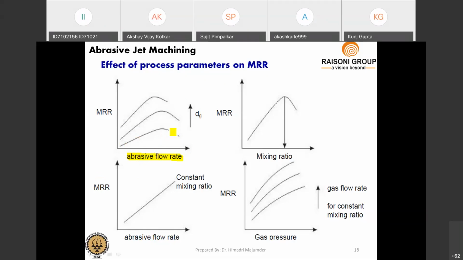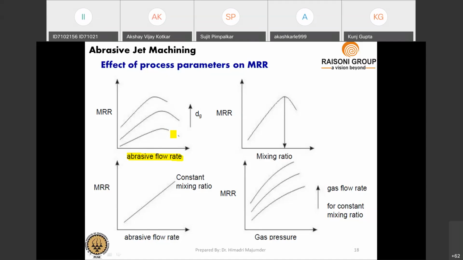But after a certain period of time, what will happen? The dislodged work material, the material which is removed due to the action of the abrasive jet, saturates on this work surface.